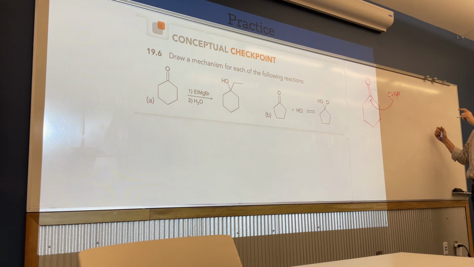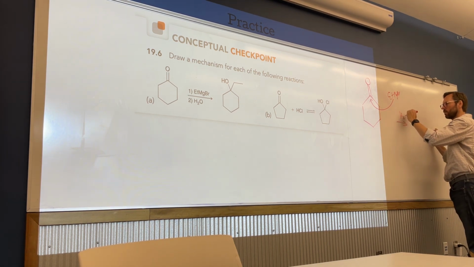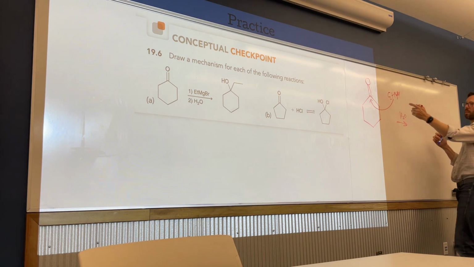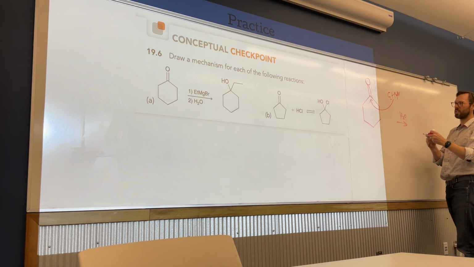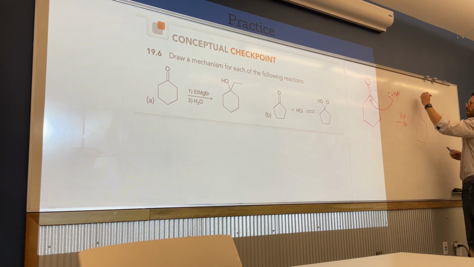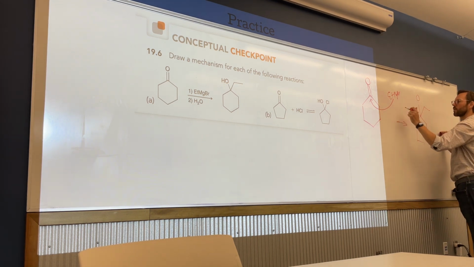And then we'll put in some water. And the water is going to then protonate that oxygen, right? So we'll end up with the alcohol here and then the ethyl. I drew this out as water.